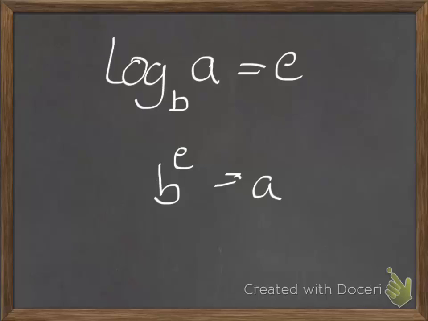So when we had similar bases, we added the exponents when we were multiplying. We subtracted the exponents when we were dividing. And we multiplied the exponents when we were raising a power to a power. And those same ideas are going to come into play.